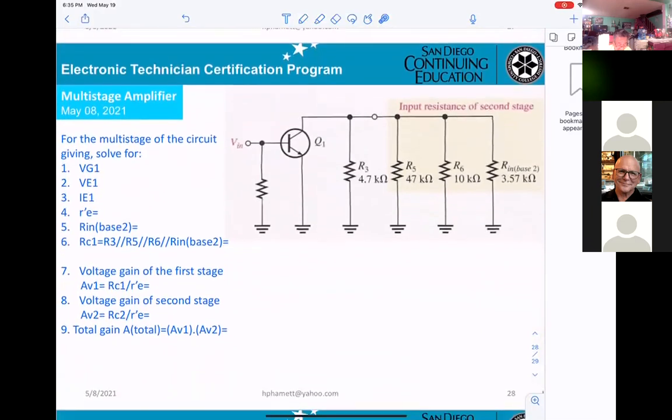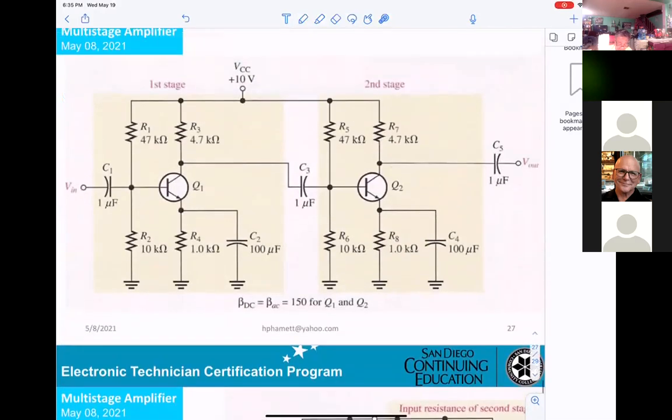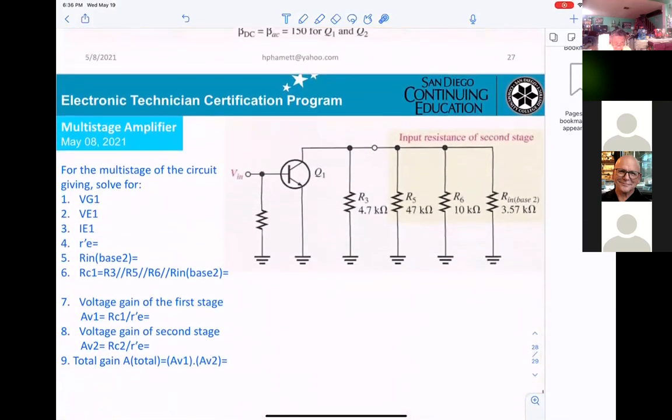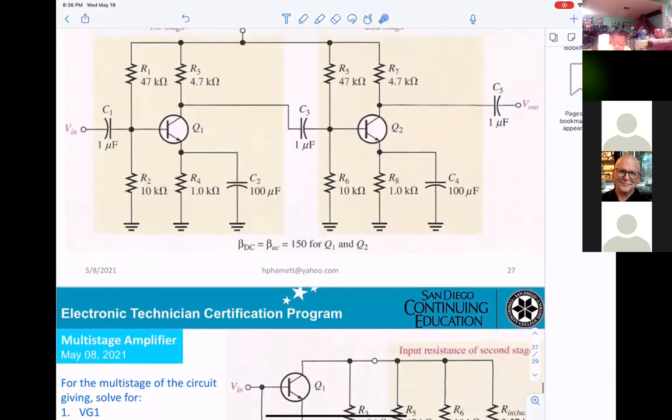Now they're talking about R in B2. Right here, you can see R in B2 means they want the input impedance for Q2. So they drew it for you right here. R3, where is R3?